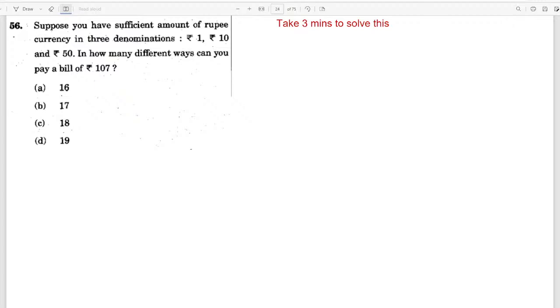There is one response for option A. One person has got option A. Others, please post your answers. One has got 16, there are 16 different ways of paying the bill. Others, Panther, Beetle, Priya, Priyanka, Shweta's done, Prajwal, Lohit.